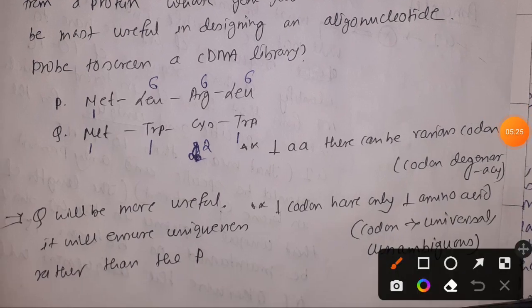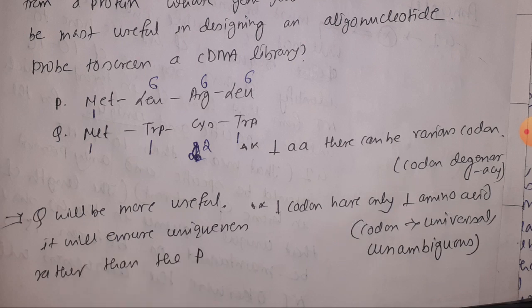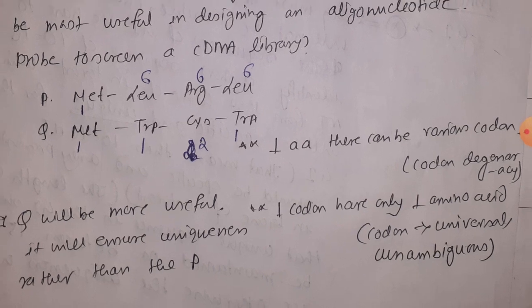That is the unambiguousness of the codon: the codon is universal and unambiguous. I hope you have learnt about the unambiguous nature of the codon, the universal nature of the codon and the codon degeneracy. So today I am going to give you a trick. Before that, I want to tell you that the trick is just for fun, so that you can remember it very well. And don't take it seriously, please.